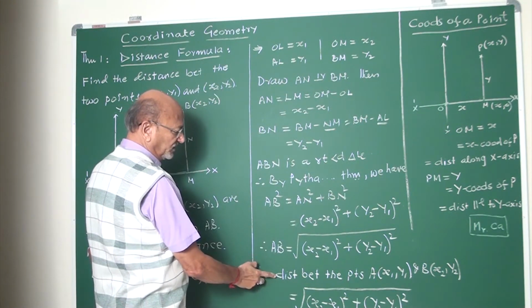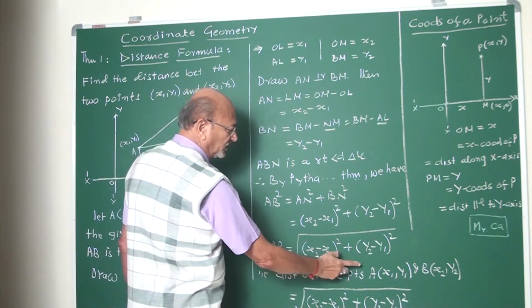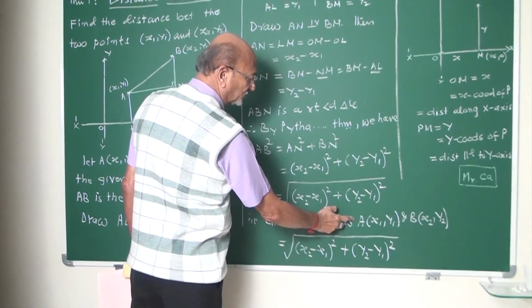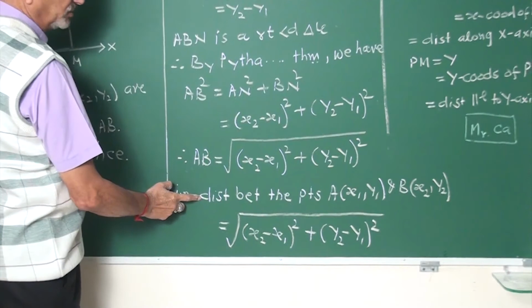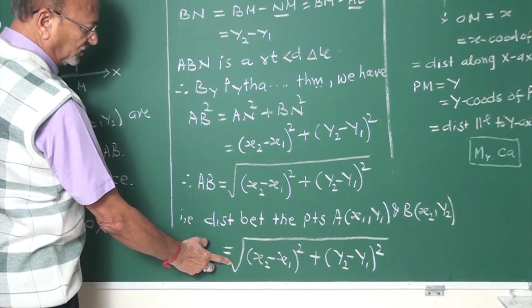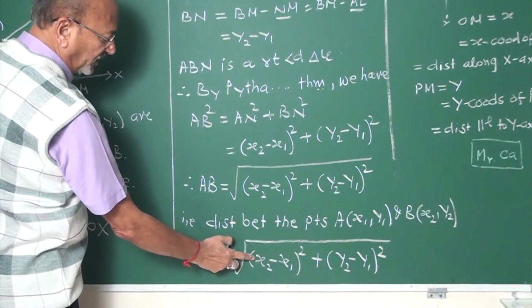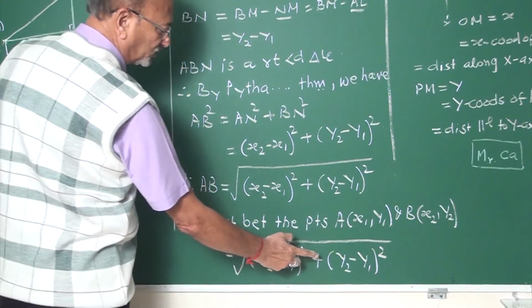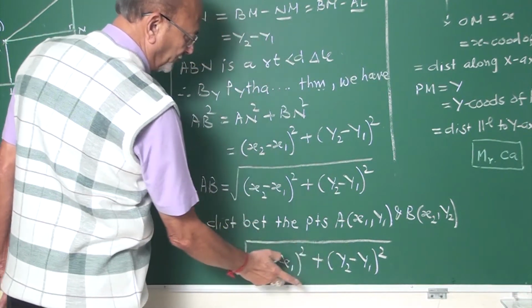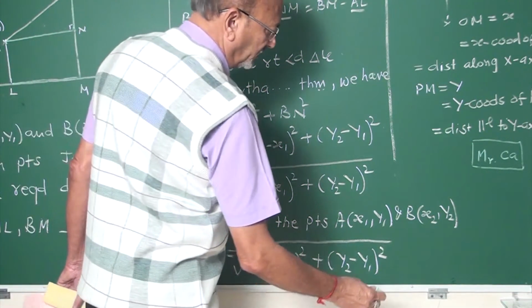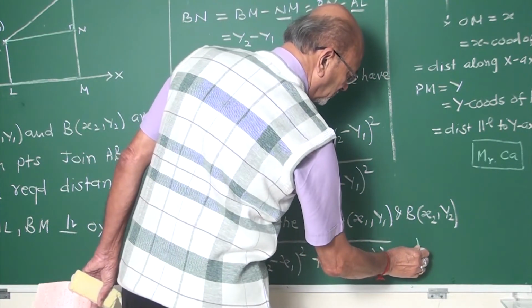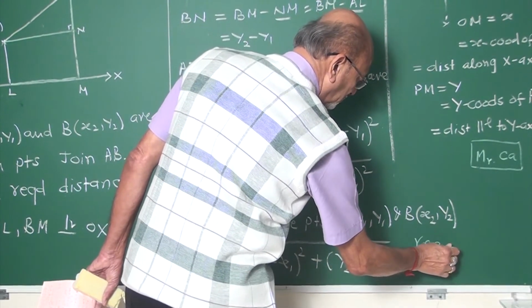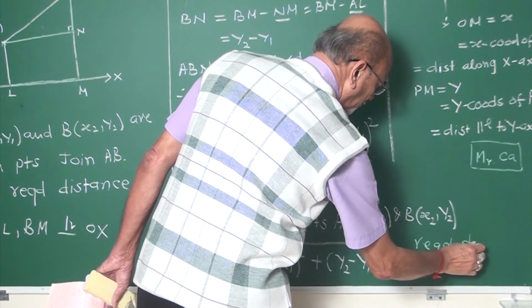What is AB? The distance between the points A(x1, y1) and B(x2, y2). That distance between the two fixed points is the square root of (x2 minus x1) the whole square plus (y2 minus y1) the whole square. This is the required distance formula.